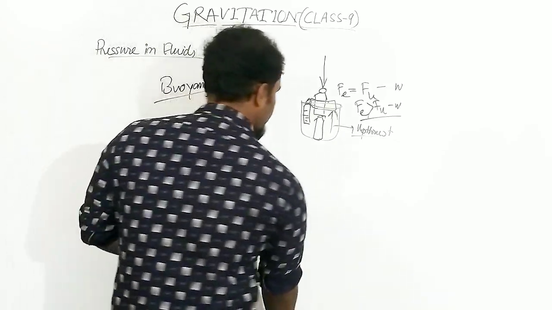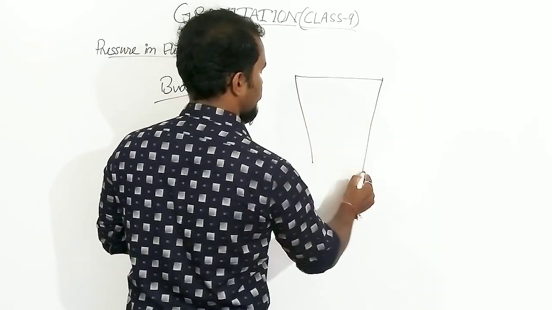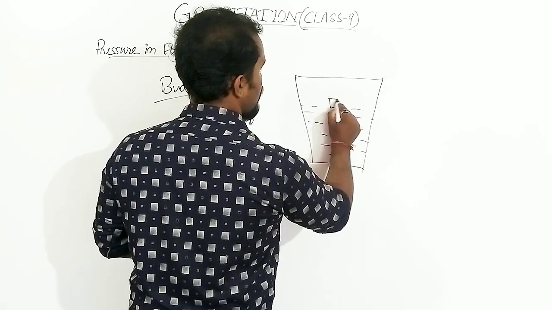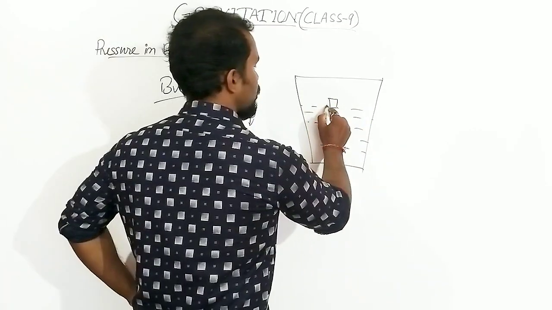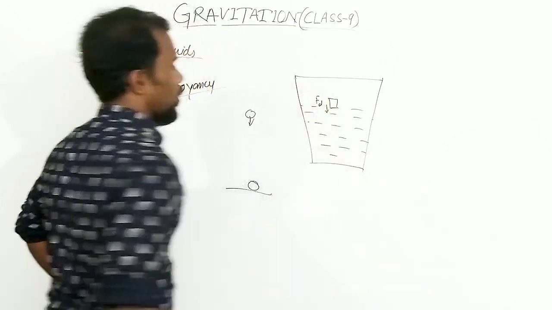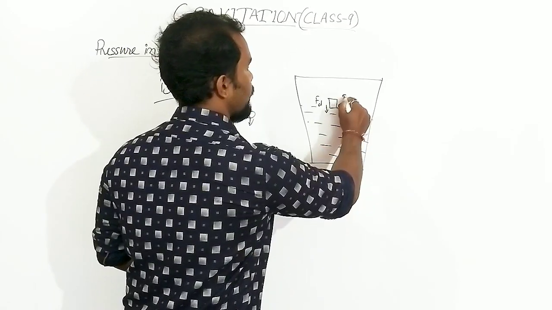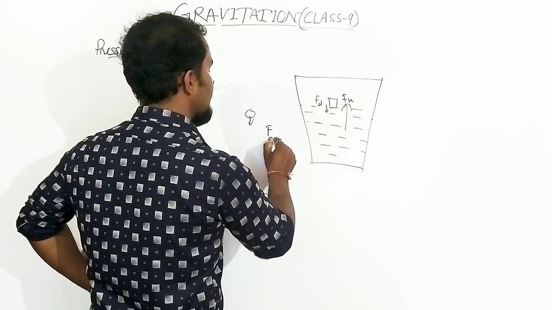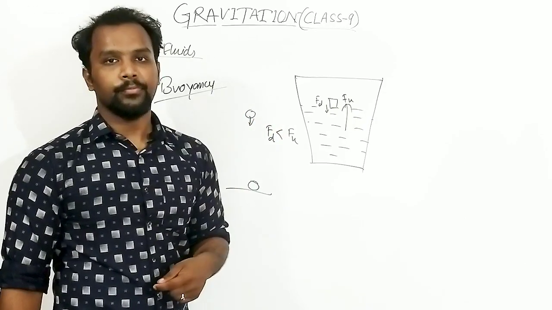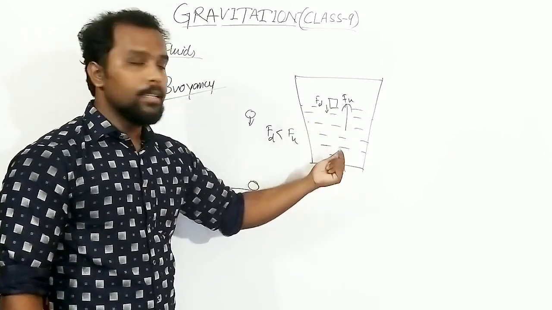That means, if I consider this is a bucket, and till now water is here, and if it is the cork, it will have some amount of force downward, consider this is Fd, and water will also apply a force in the opposite direction, that is known as Fu. In the case of the cork, Fd is very much less than Fu, so it is going to float in the water, right? And it is because of the density too, because water has a high density compared to the cork.